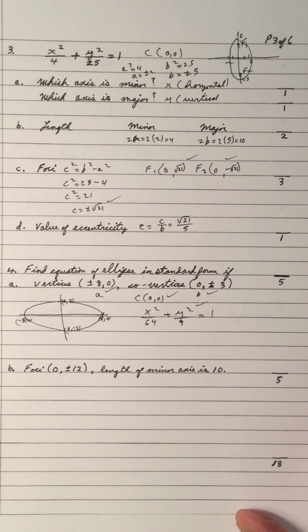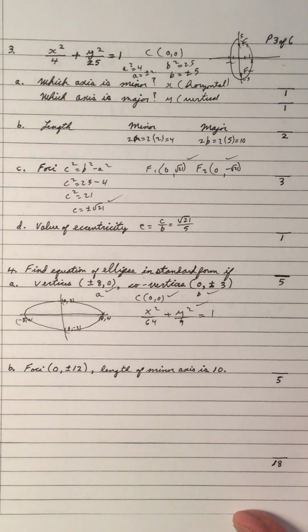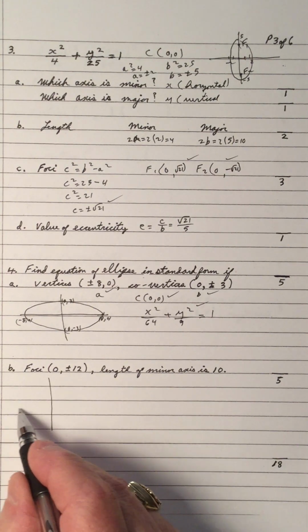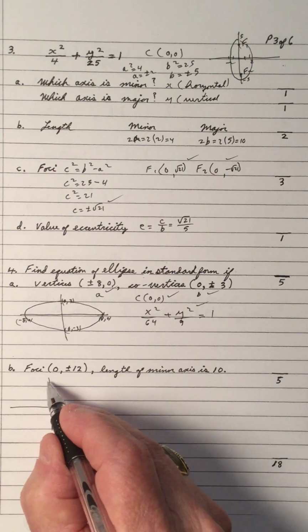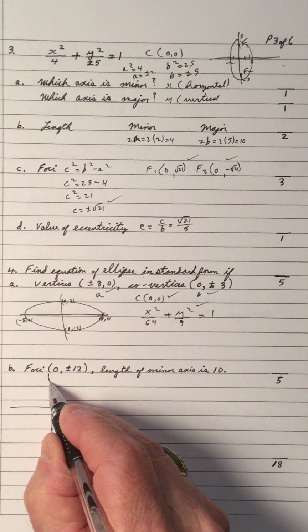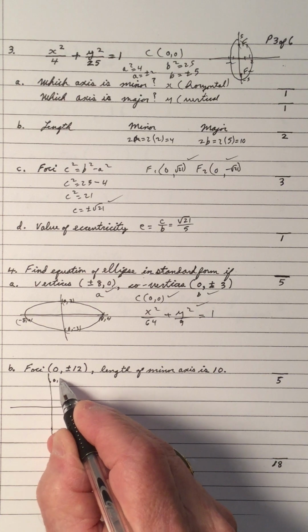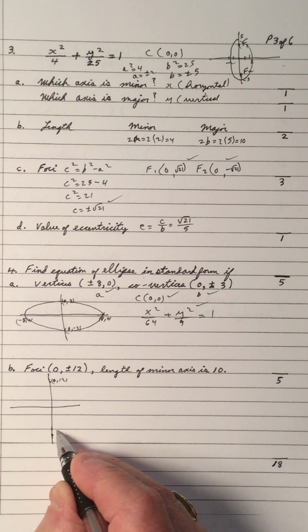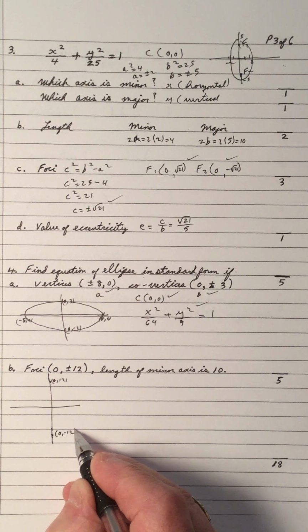In 4b, we have the foci. Now let's draw this one. Let's see what's happening. The foci are at (0, 12), so let's say that's right here, and (0, negative 12) right here.